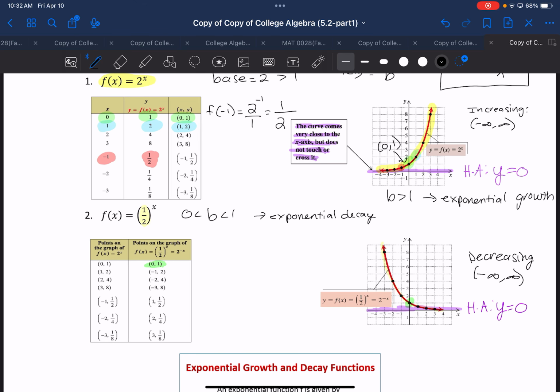Okay. Another thing I want to stress here is that f of x, (1/2) to the x power, is the same thing as 2 to the negative x power.